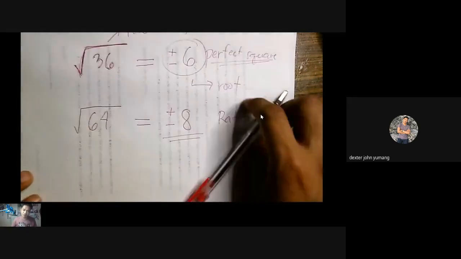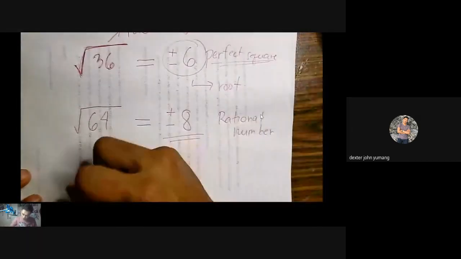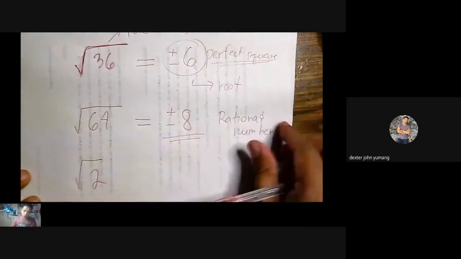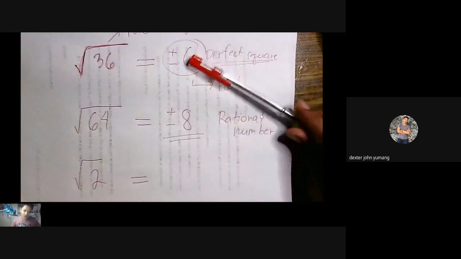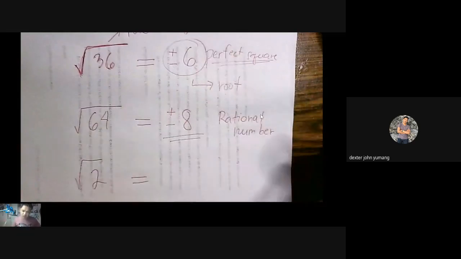So, let me give you an example. Square root of 2. Anong imultiply nyo na dapat ang sagot 2, pero magkaparehong number yung imultiply nyo? Meron ba? Sa multiplication table, may sagot ba doon na 2?